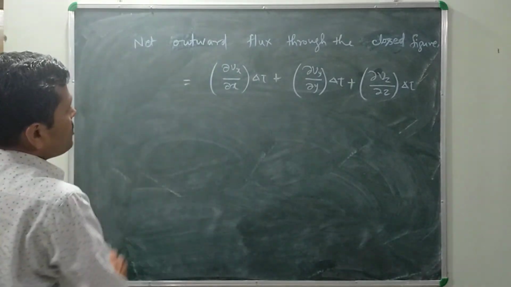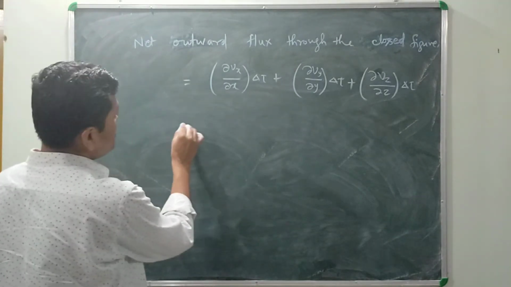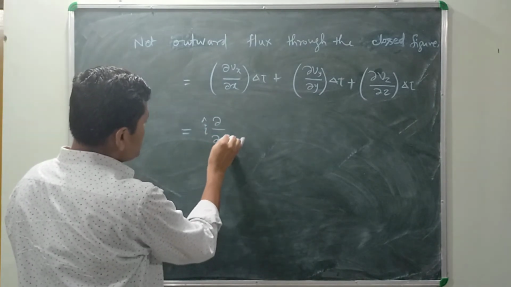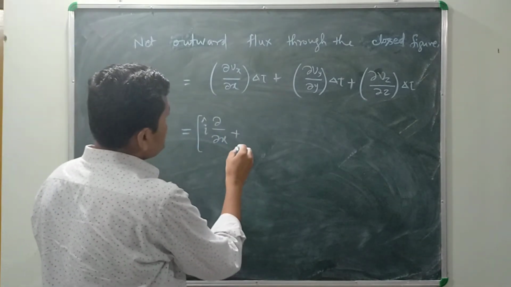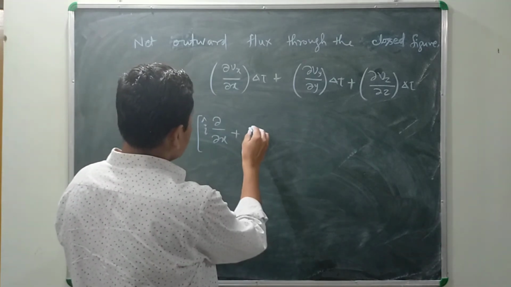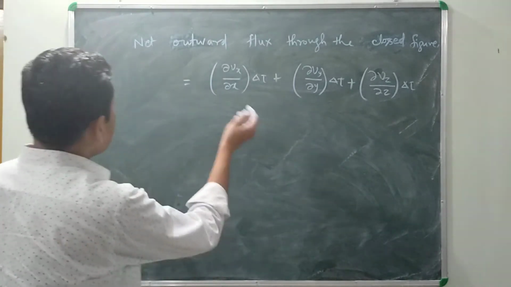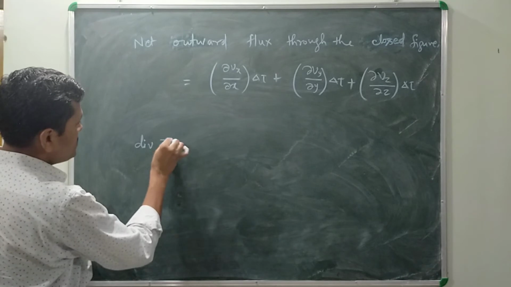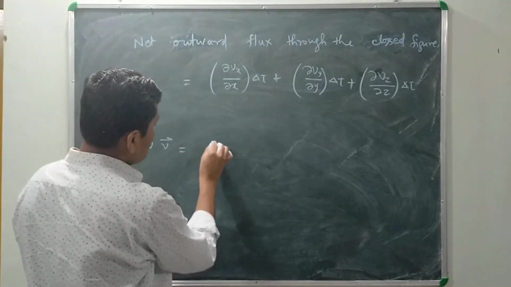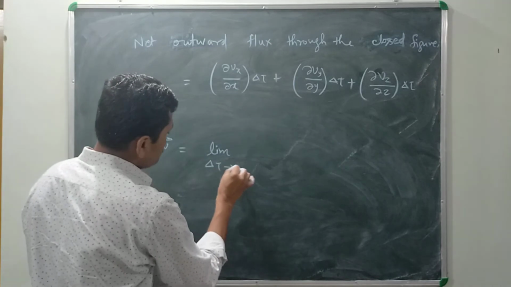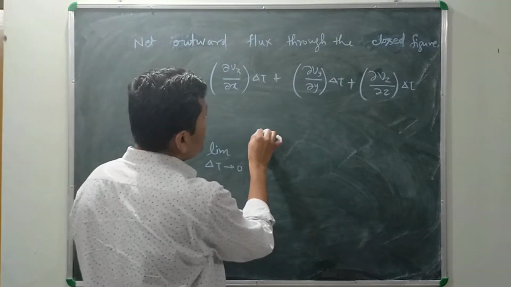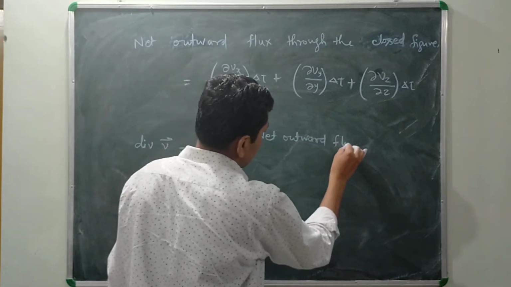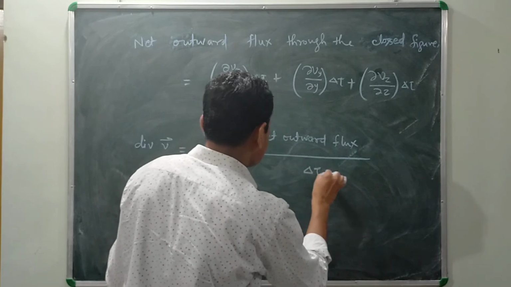This may be written in a compact form using the Nabla operator. But first of all, use the definition of the divergence of vector V. It was the limit delta tau tends to 0 of net outward flux divided by delta tau.